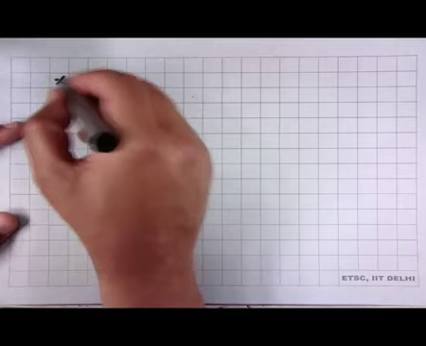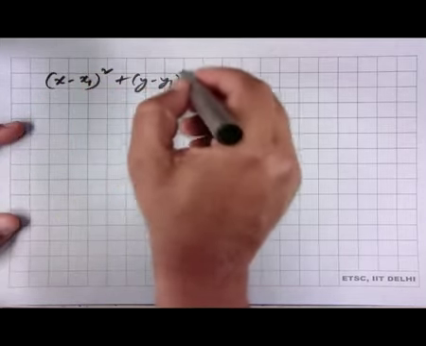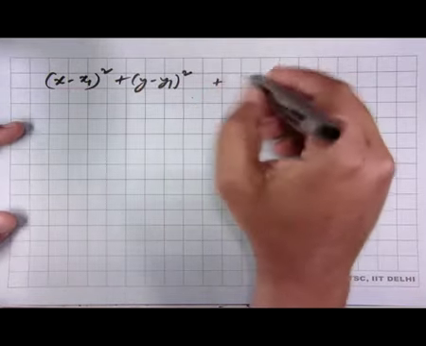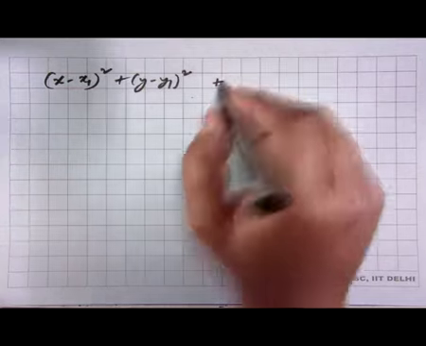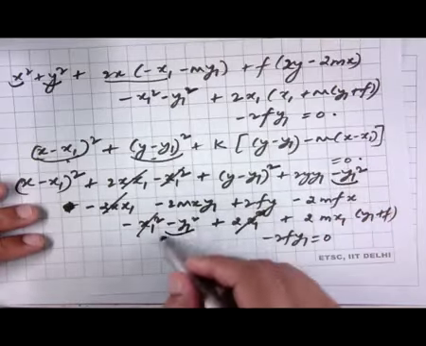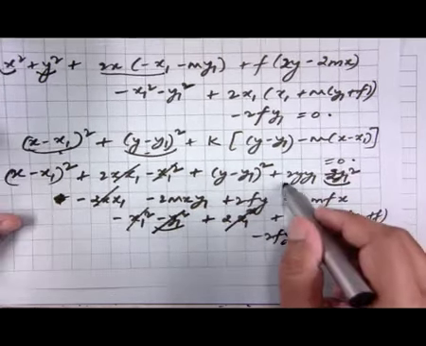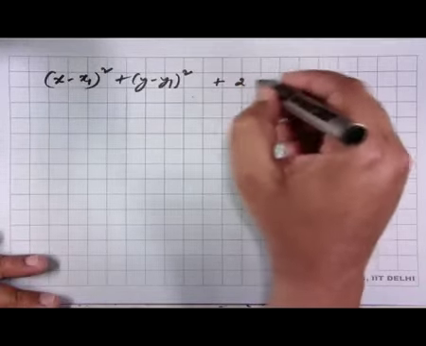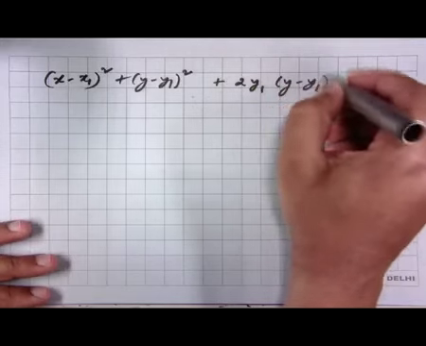We get plus this minus y1 square, and this can be combined and written as minus 2 y1 square, and then this entire thing can be written as 2 y1 into y minus y1.